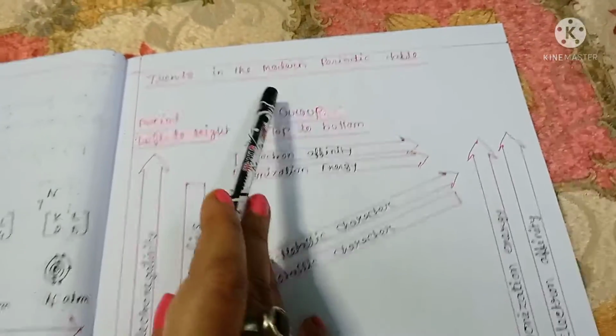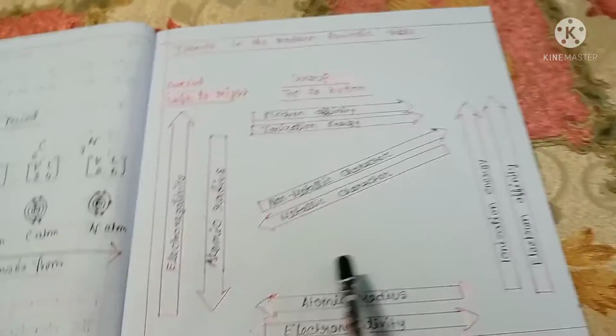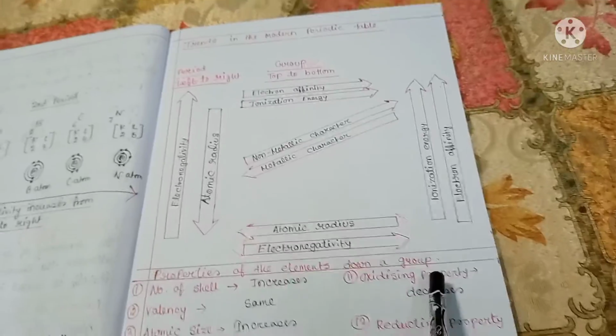Now see the properties of elements at a glance. See these properties of elements down a group.